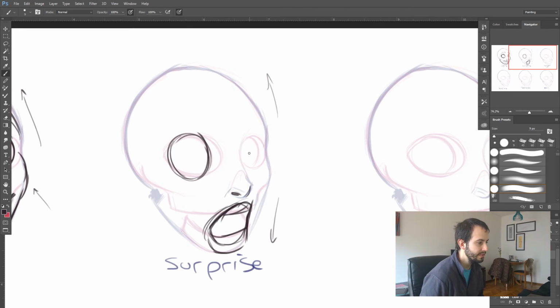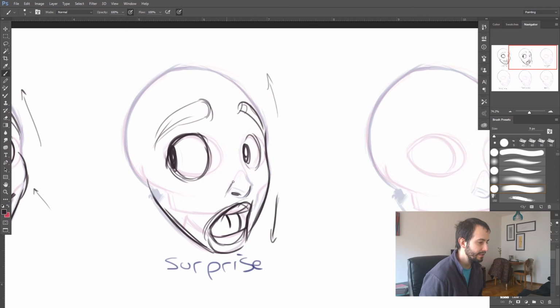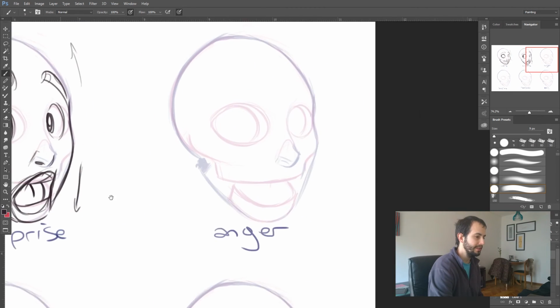So here the eye can be really stretched. That's right. Does it look like a surprise face? It looks like a surprise face, right? So surprise: everything goes away from the eyes and the nose. So they get stretched.